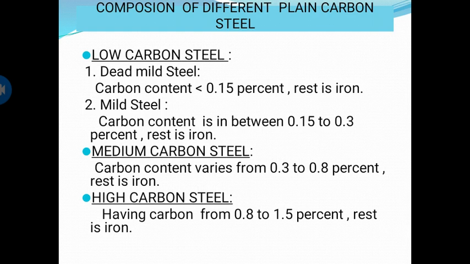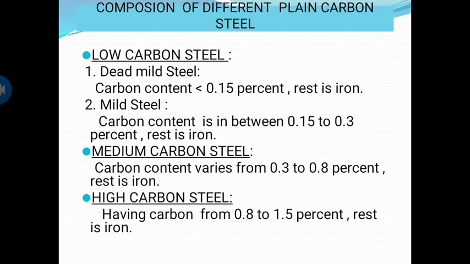In case of mild steel, the carbon percentage lies between 0.15 to 0.3. The rest is iron. In case of medium carbon steel, carbon content varies from 0.3 to 0.8%. The rest is iron. In case of high carbon steel, carbon percentage varies from 0.8 to 1.5%.